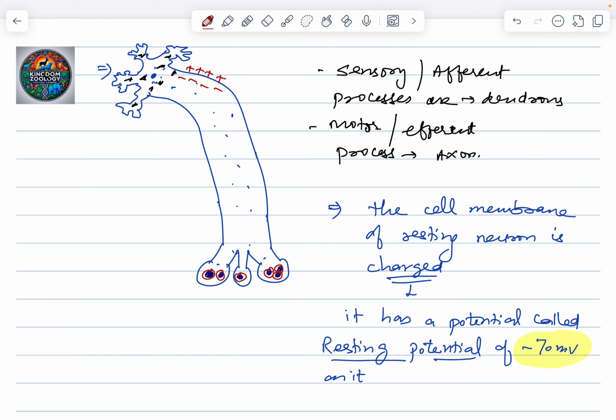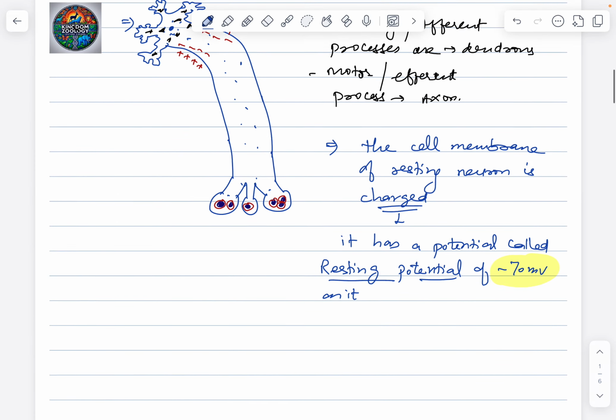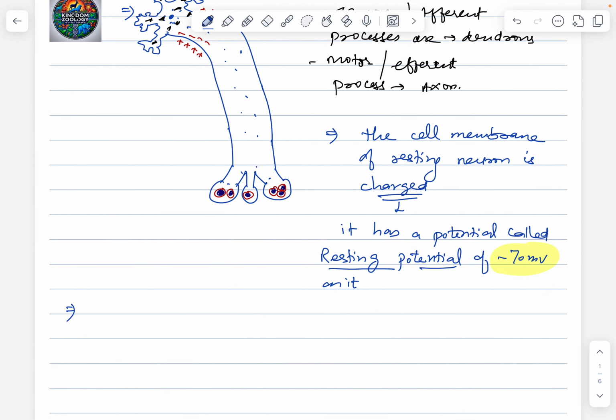So this is your resting potential. The value of the resting potential is minus 70 millivolt. So let's first understand why the resting membrane will be charged, why it will have a resting potential on it. There are various reasons behind the existence of the resting potential. Let's understand them.